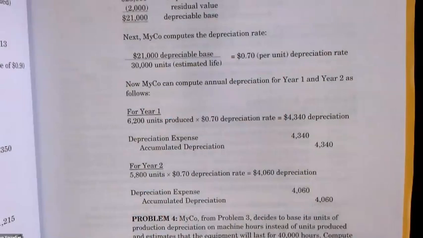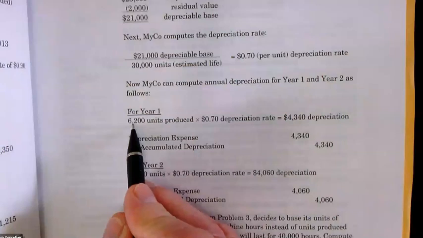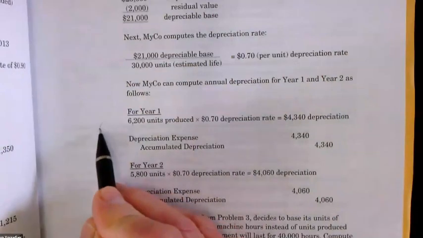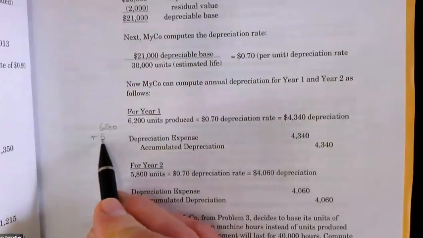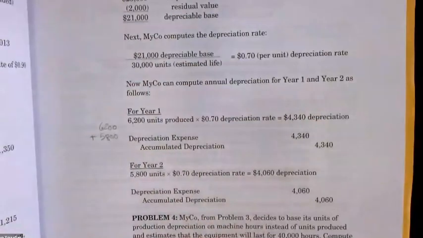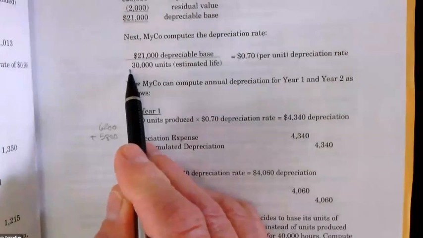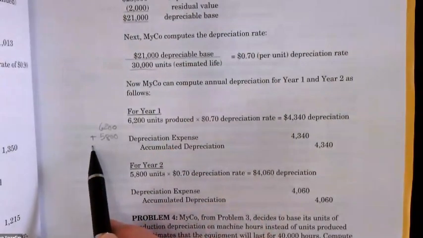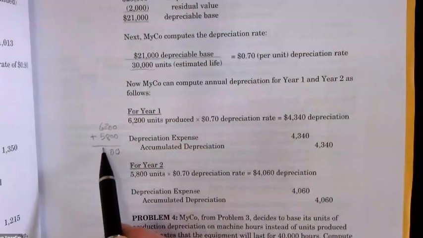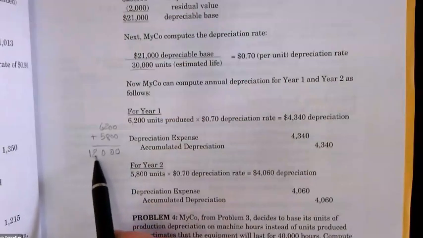All you need to do is make sure that 6,200 plus 5,800 is not passing the total 30,000 units. So 6,200 plus 5,800 is 12,000 units so far.